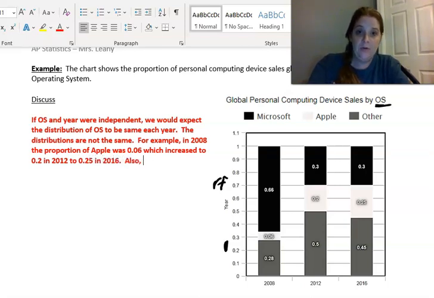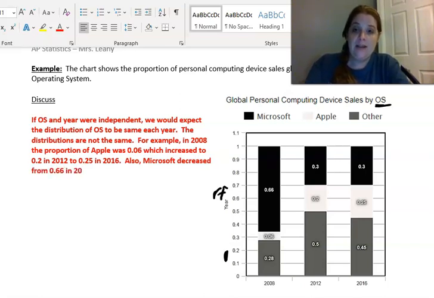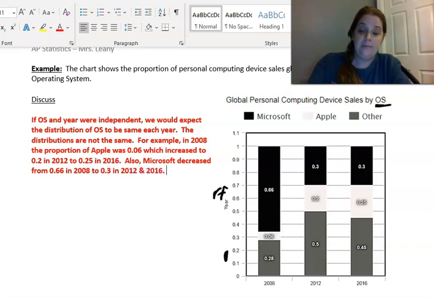Also, Microsoft decreased from 0.66 in 2008 to 0.3 in 2012 and 2016.